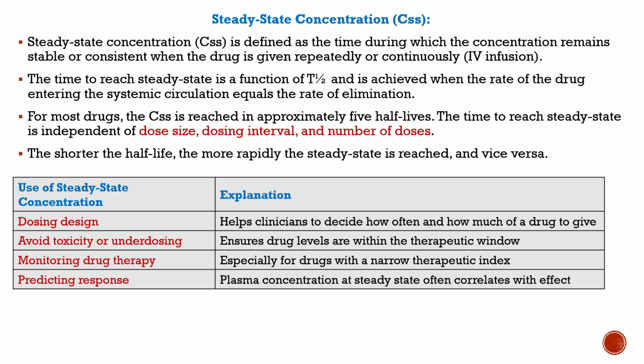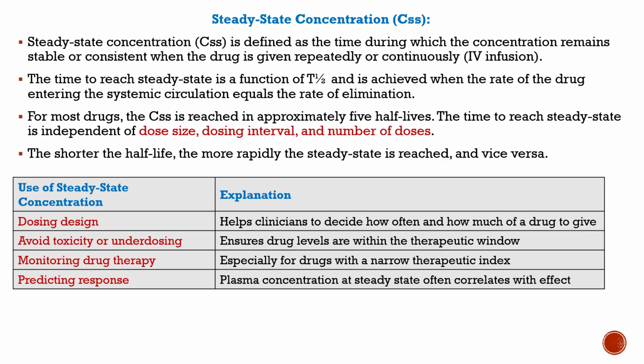Okay, so at some point when you are giving someone drugs repeatedly at different intervals, there will be a time when the rate of the drug entering the body will be equal to the rate of the drug leaving the body due to elimination or excretion, right? And that's when we have a steady state concentration.